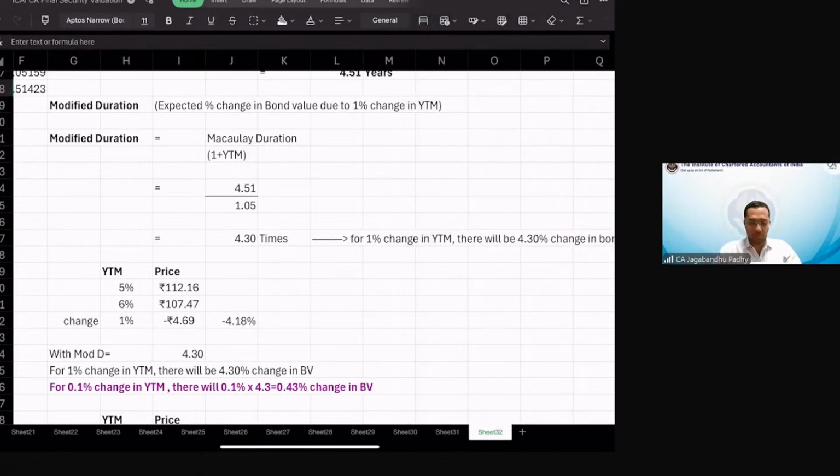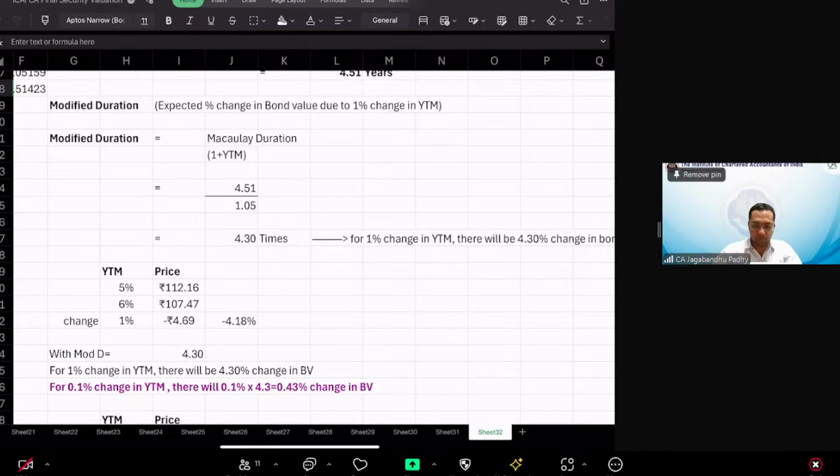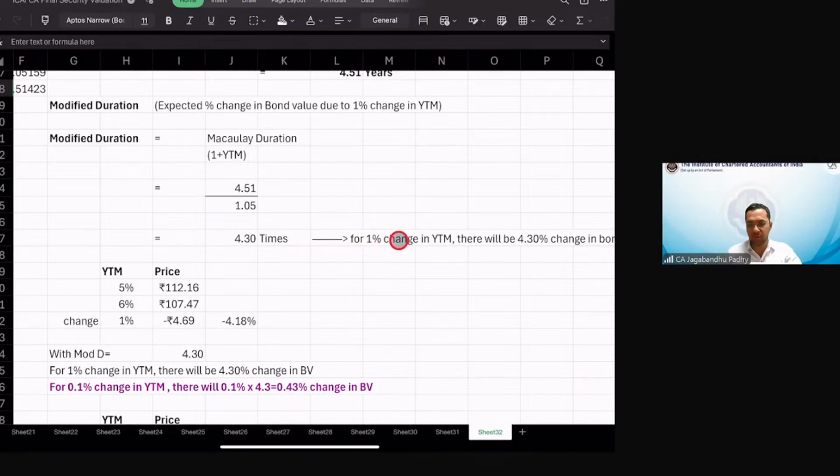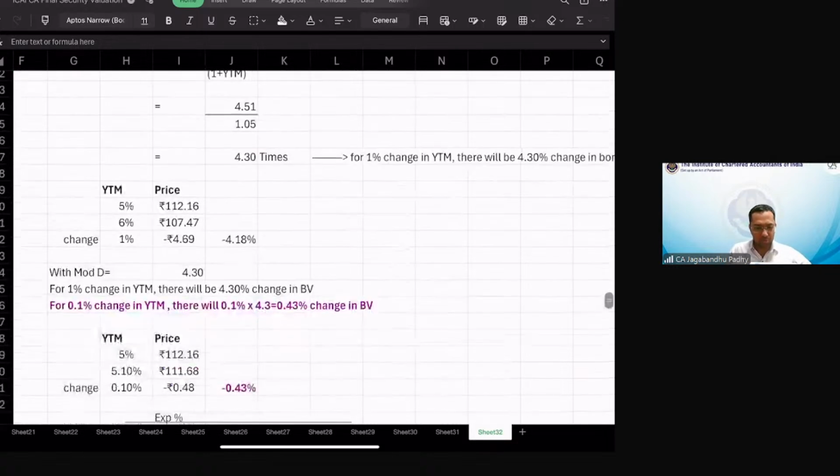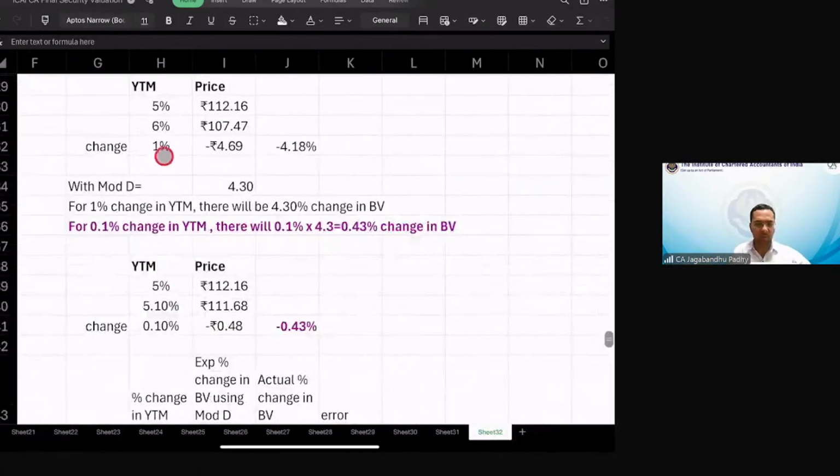So that 4.3 was basically for a 1% change in YTM, there is going to be 4.3% change in the bond value. Now, when we were looking at this modified duration number, we tested whether this is truly working out or not. We found that when the YTM changed from 5 to 6%, basically a 1% change in the YTM, the actual change is 4.18%.